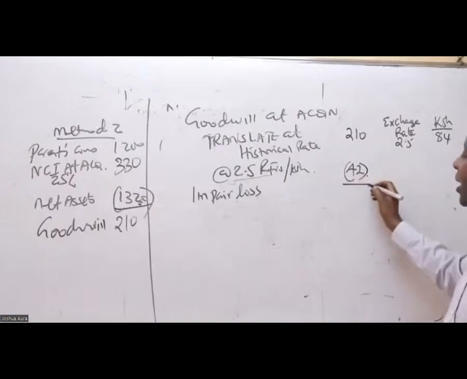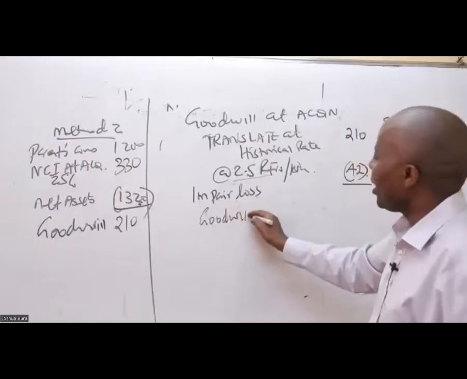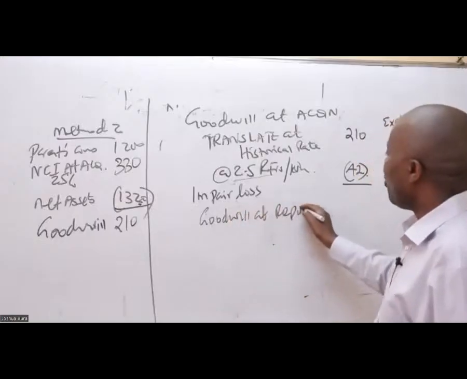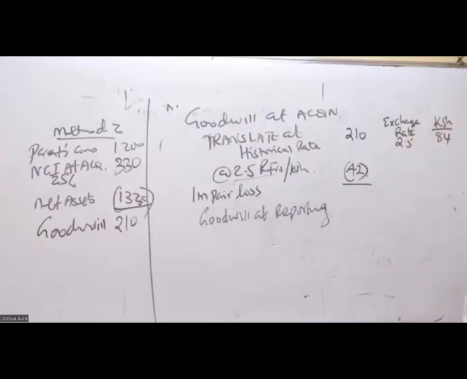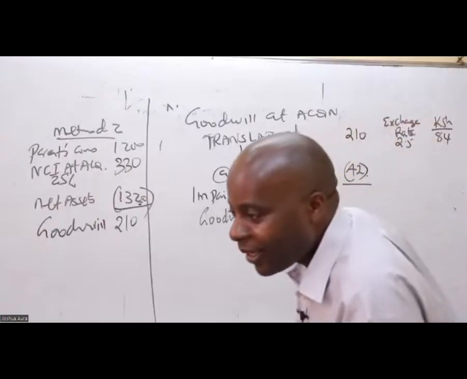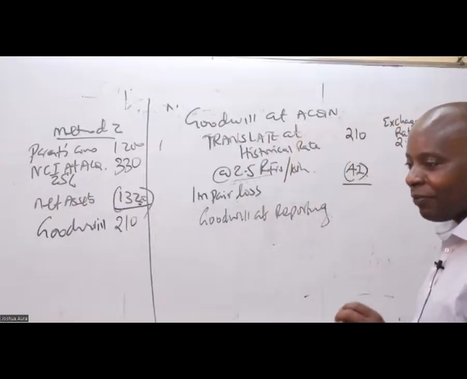So if you subtract in this case, what do we have as goodwill? Goodwill at reporting, how much does it come to? I hope the 42, or is it 42 Rwandese? Somebody is floating big time.